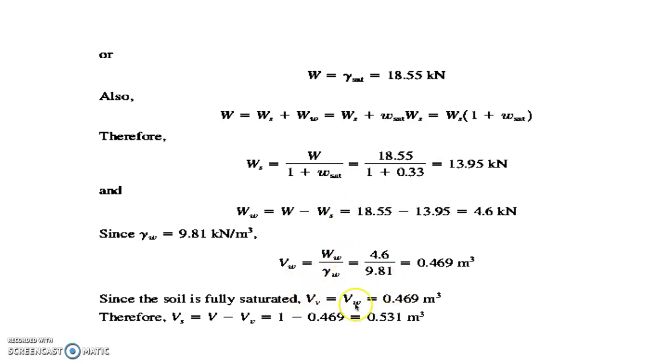And if we're going to get the value for the volume of the water, that is equal to 4.6 all over 9.81, and that is equivalent now to 0.469 cubic meters.